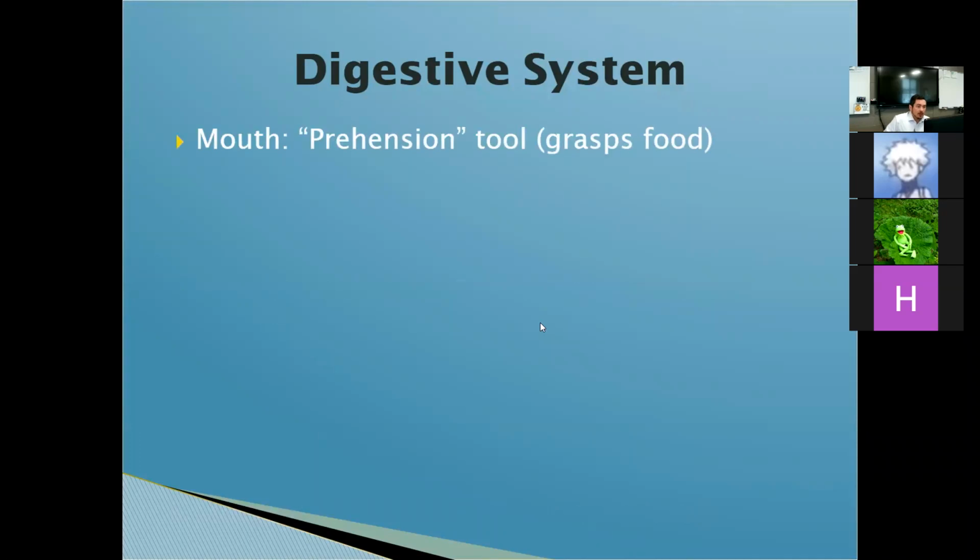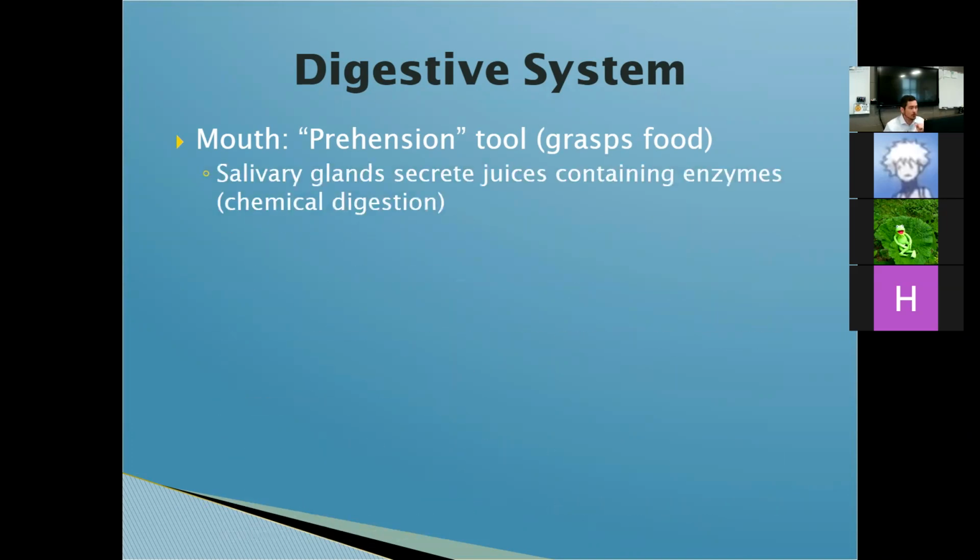So in our digestive system, and this goes for both monogastrics and polygastrics, or ruminants and non-ruminants, we start with our mouth, which is our prehension tool, which allows us to grasp food. Our salivary glands secrete juices that contain enzymes to start the process of chemical digestion, or breaking down those food particles into products that we can actually use.